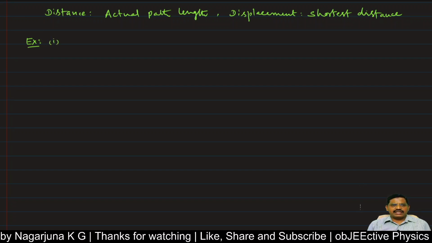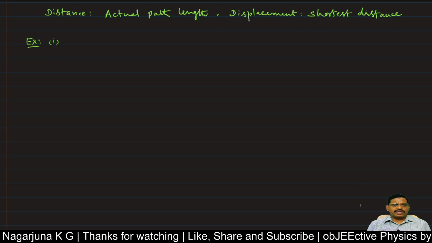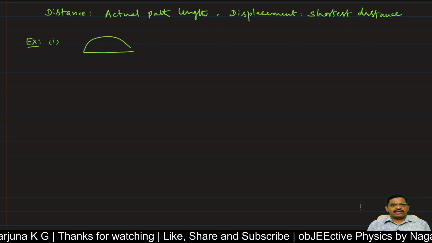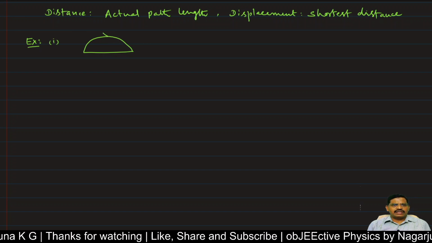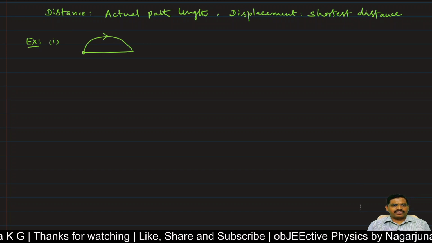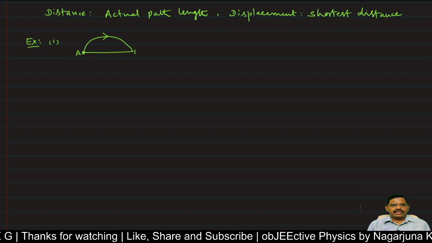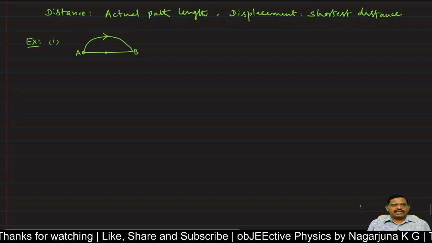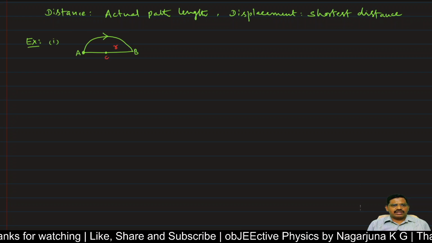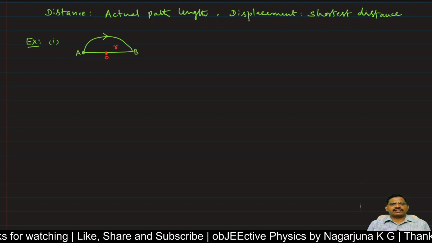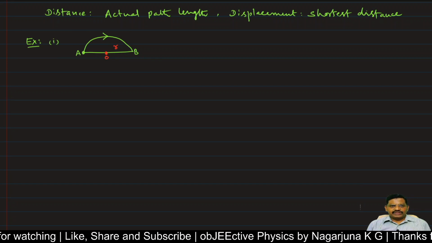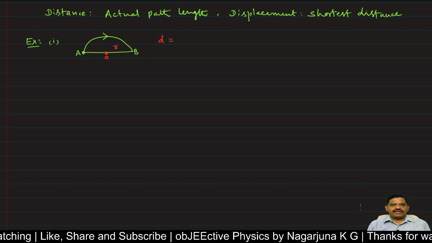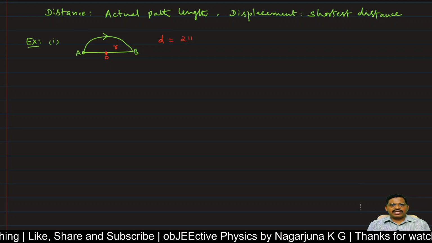Let us assume that a particle is traveling along a semicircular path from A to B. It is a semicircular path of a certain radius, say radius is small r. Center of the semicircular path is assumed as O. In this case, distance travelled is 2 pi r by 2.